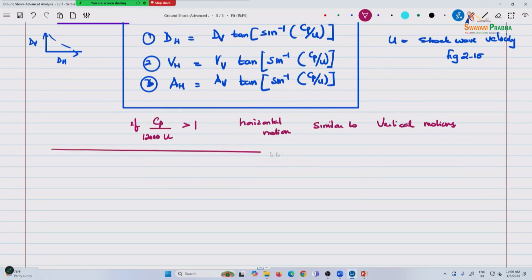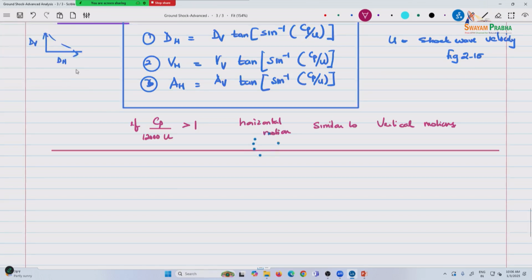Now, what are the values? I'll give you a few just to give you an idea of the ranges.